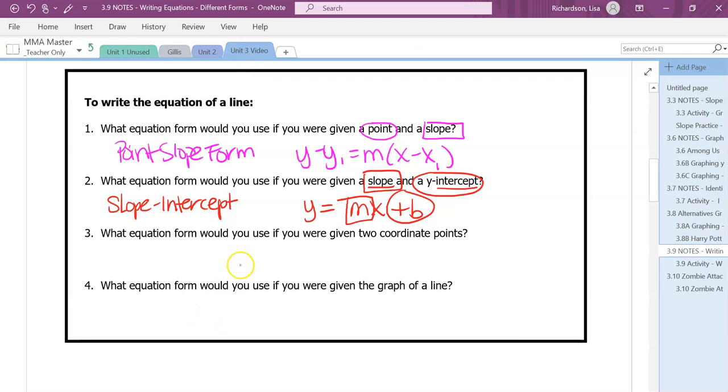The next one states, what equation form would you use if you were given two coordinate points? Points. Okay? So what we would need to use here is the point slope form, but we would need to find the slope first from the 2 points. So we would use these 2 points right here to find the slope.